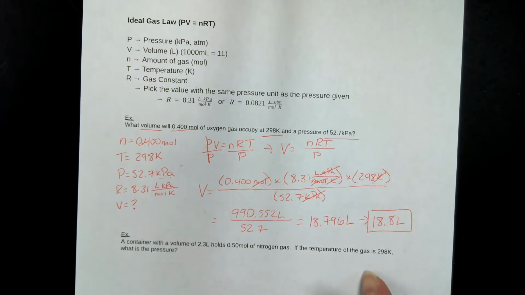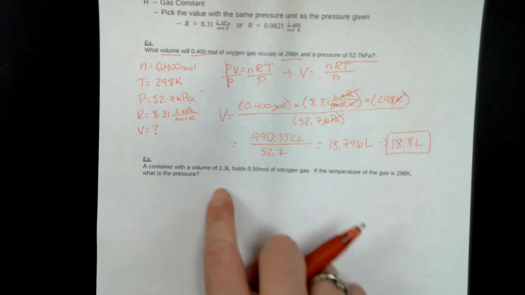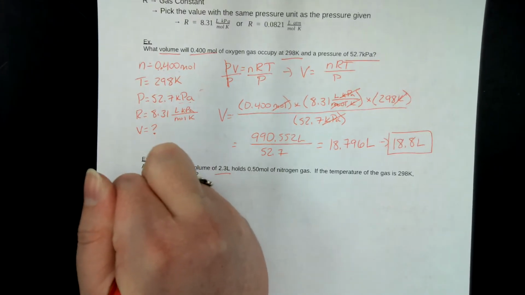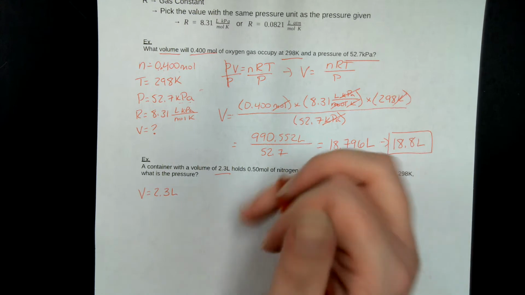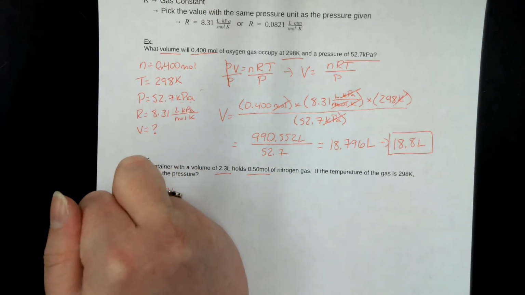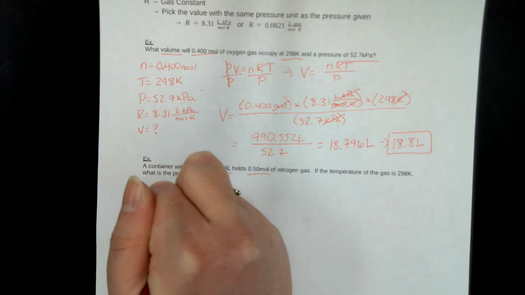Let's do one more example together. We have a container with a volume of 2.3 liters. So volume, 2.3 liters. It holds 0.500 moles of nitrogen gas. So 0.50 moles.